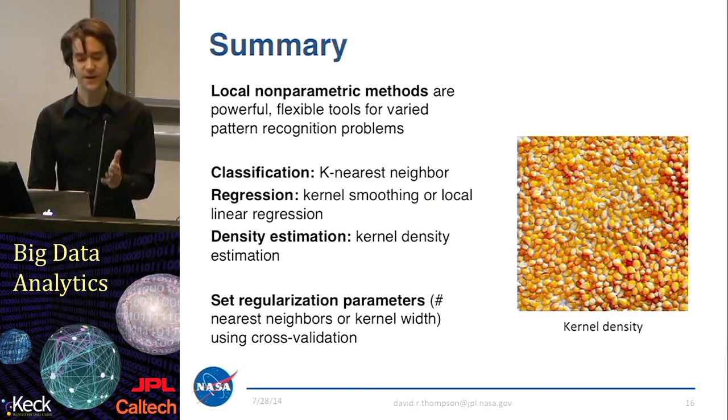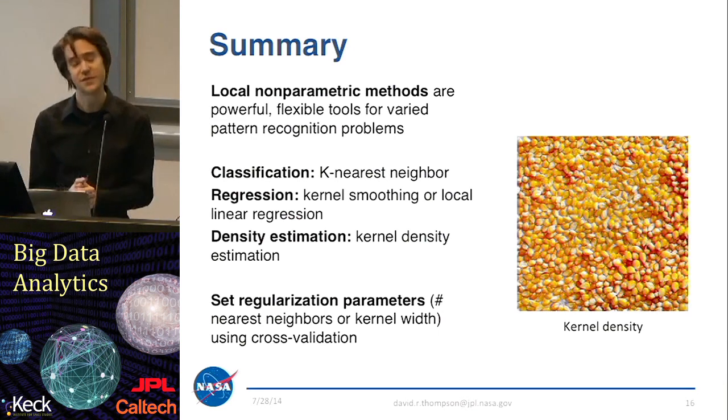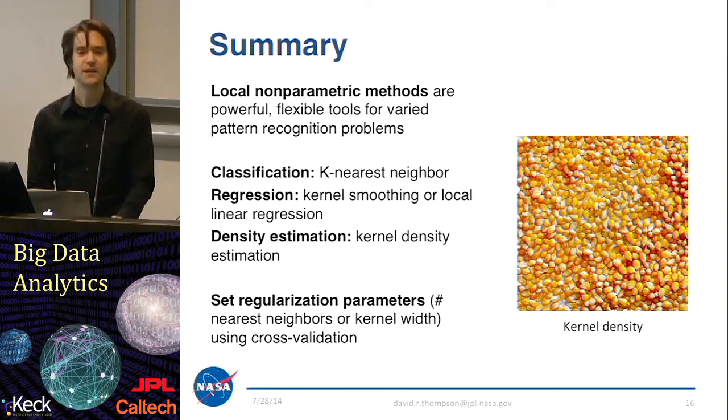There are three different examples of this local pattern recognition that I demonstrated: k-nearest neighbor for classification, kernel smoothing and local linear regression for regression problems, and then kernel density estimation for probability density estimation tasks. The main parameter is regularization, and you can set this using a cross-validation strategy.